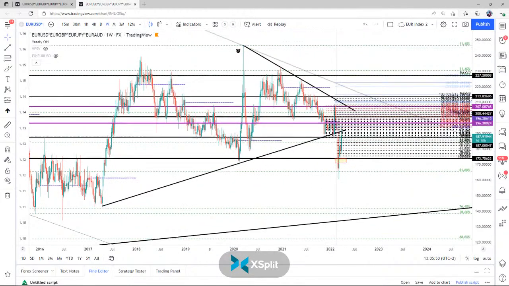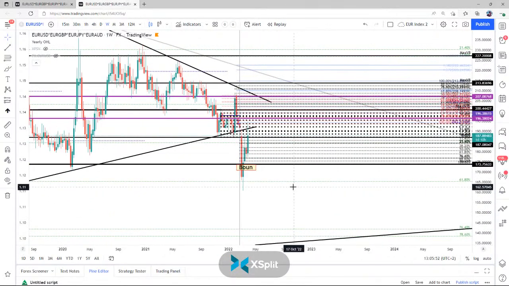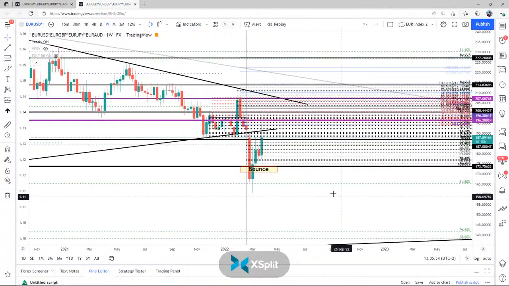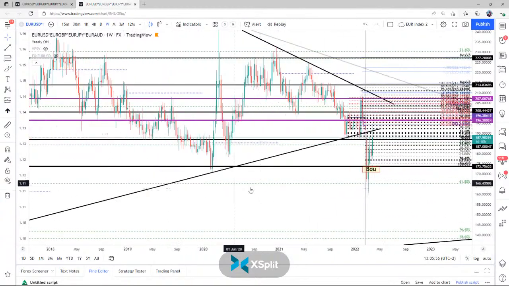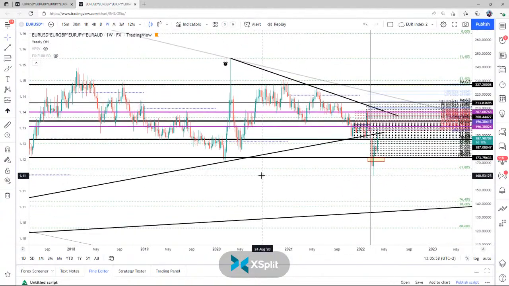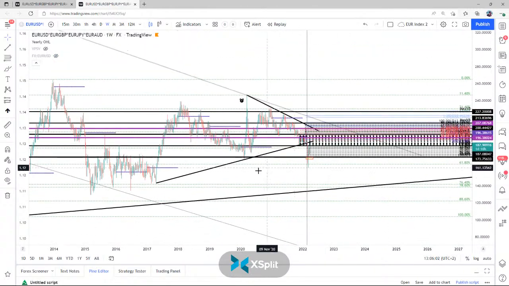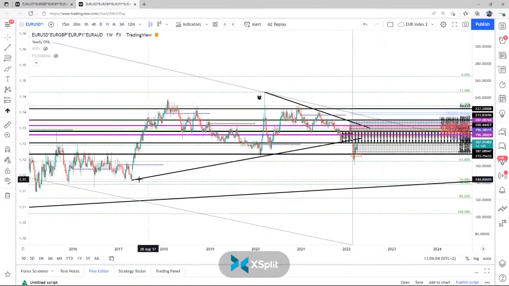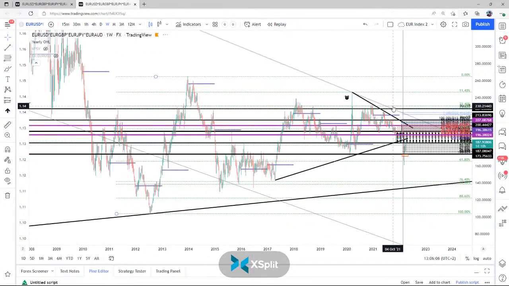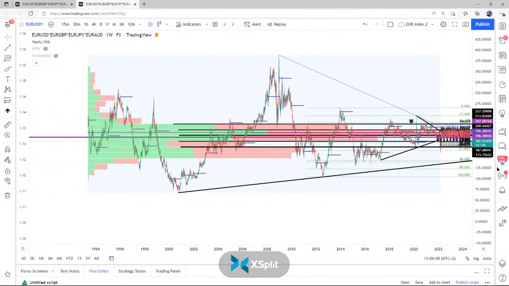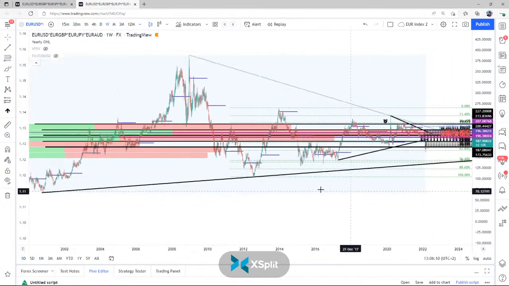Okay. So what we have there is we saw the price came back. We had this big wedge. So that's important because something can happen from that. We had this big wedge inside this giant wedge, okay?